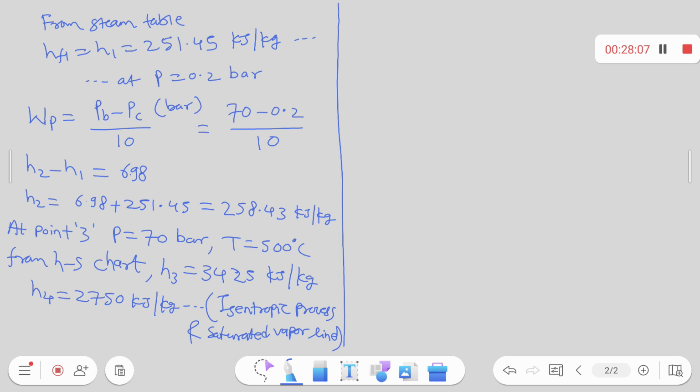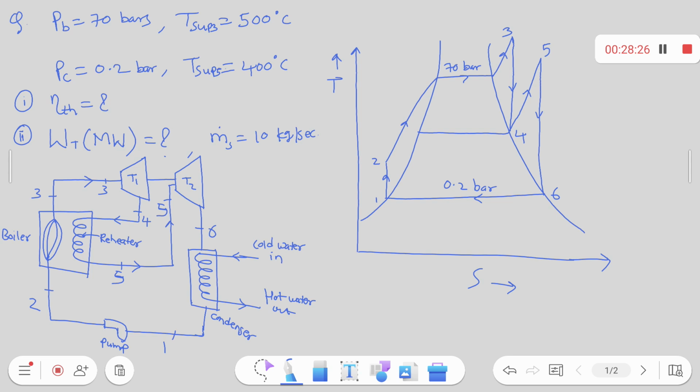Okay. Then next at point 5, at point 5 pressure is how much? Pressure we need to calculate. Okay, here this intermediate pressure we need to calculate. Now how to calculate this intermediate pressure? We have located this point 4 on the HS diagram, right?